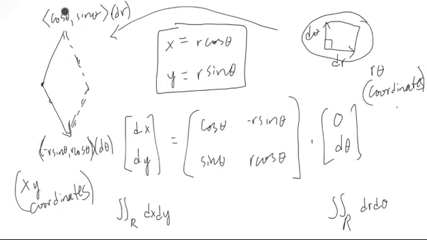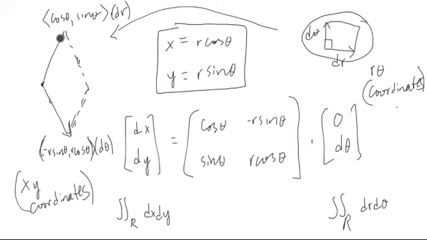So this is the rise. This vector has a rise of this vector, and this one has a rise of that vector right there in x and y coordinates. This tells us that this rectangle turns into this parallelogram over here in xy coordinates if we're computing area. That's how it maps over.